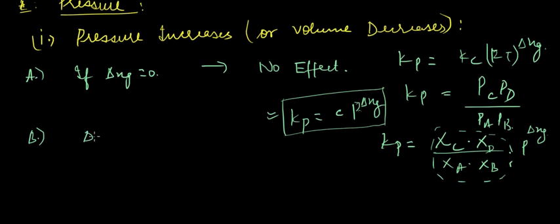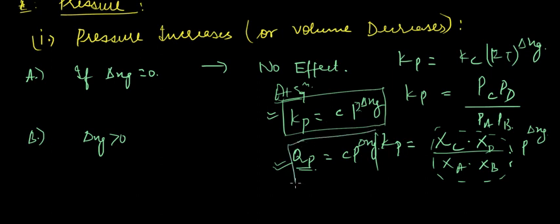What happens if delta ng is positive? Then Qp, which is c P^delta ng, so Qp is the reaction quotient at any state of the reaction, not just at equilibrium. Kp is at equilibrium, and Qp is at any point of time. As pressure increases, Qp goes greater than Kp.